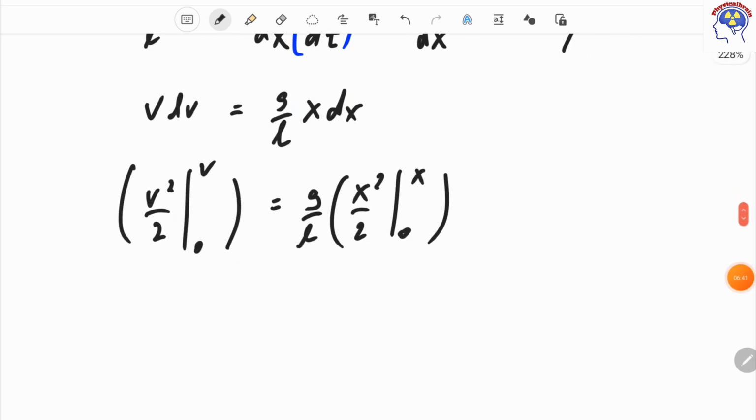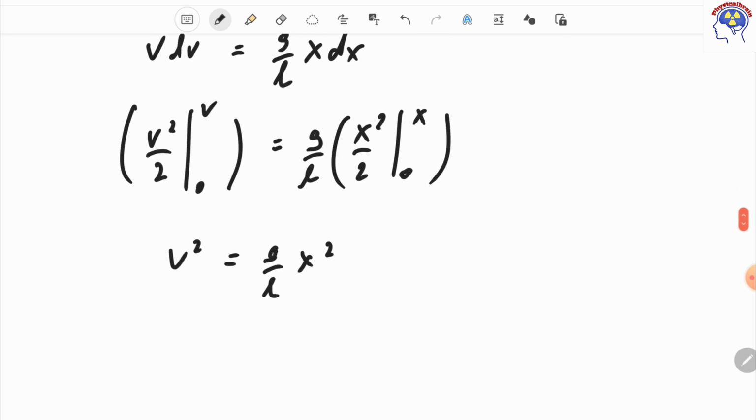And eventually we get v squared equals g/L x squared. I already took away the factor of the half we had on both sides of the equation. So v gets the same term as before, root of g/L times x.